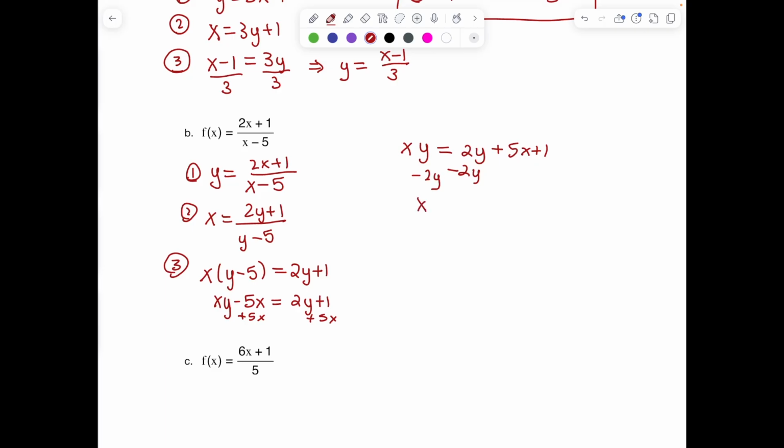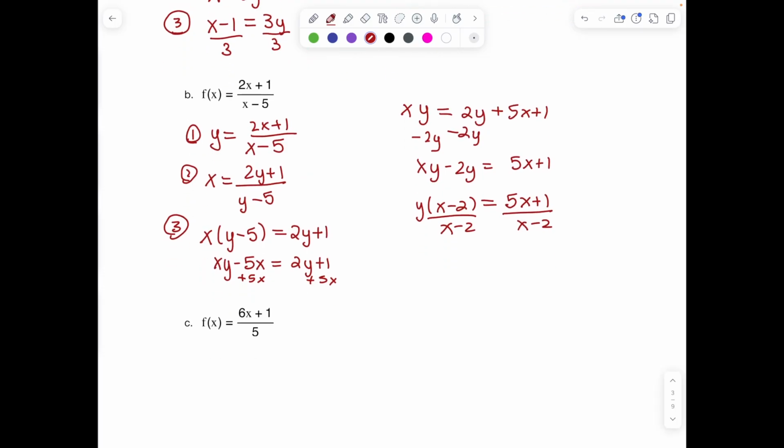So xy minus 2y equals 5x plus 1. Y times x minus 2, factoring that out, we get 5x plus 1. Divide by x minus 2, x minus 2. And we are left with y equals 5x plus 1 over x minus 2. So step 4 is to write it as the inverse notation. So f negative 1 of x equals 5x plus 1 over x minus 2. Okay, so that's going to be our answer here.